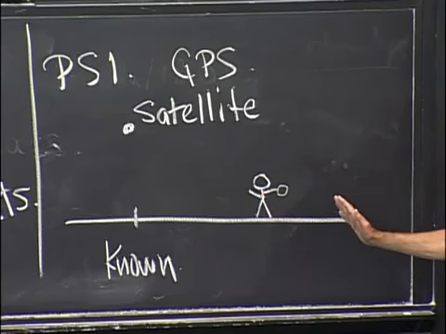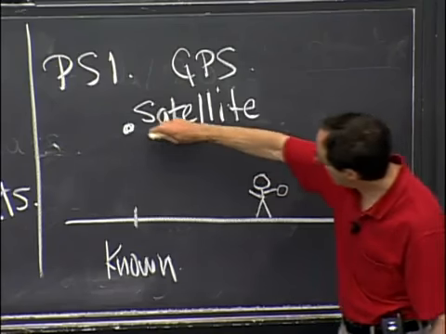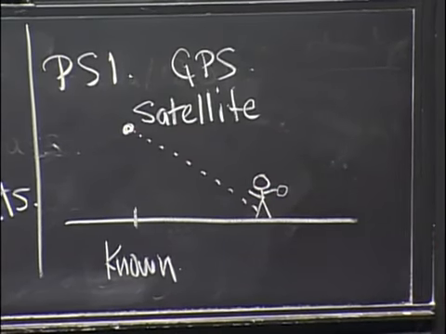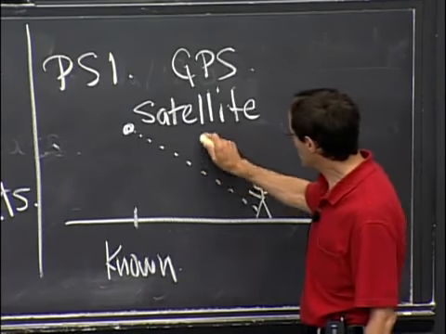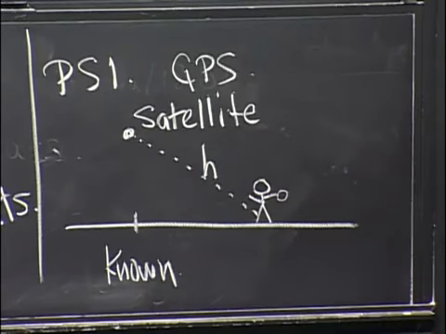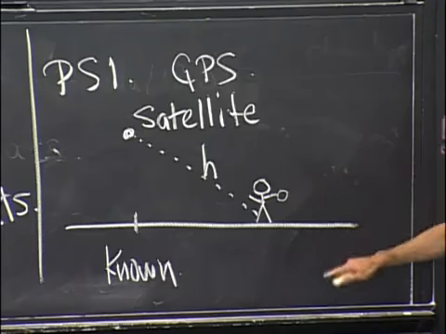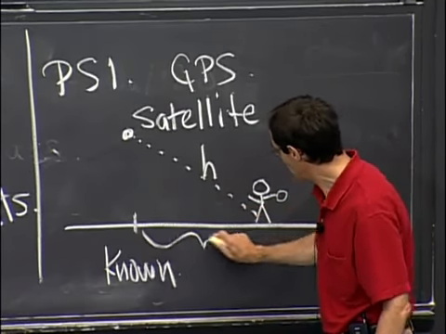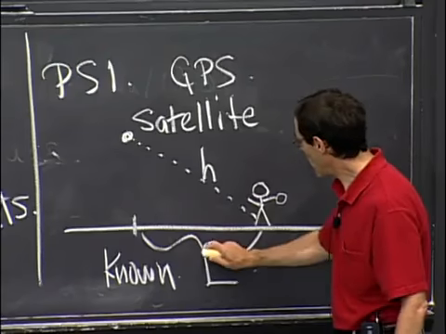The way I locate where I am is I communicate with this satellite by radio signals. I can measure this distance here, which is called h. And then the system will compute this horizontal distance, which is L.